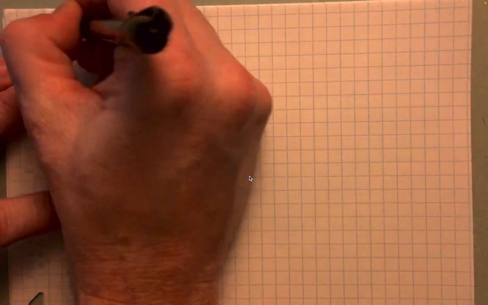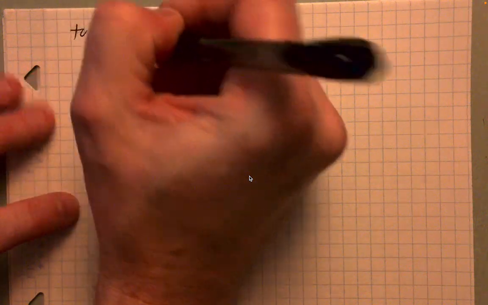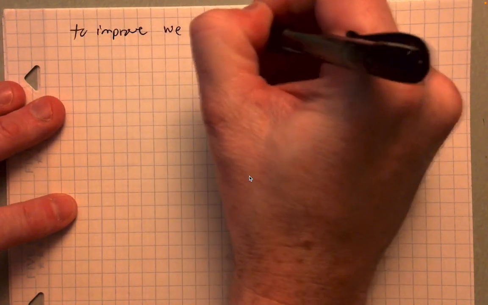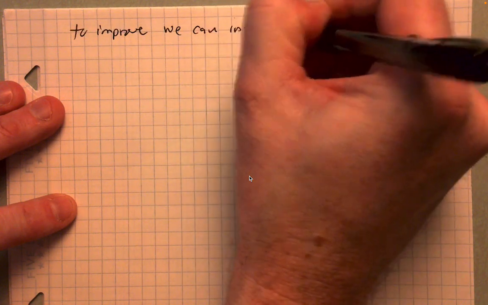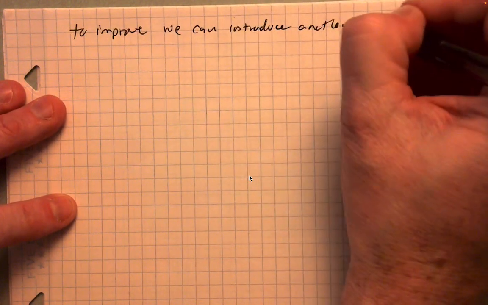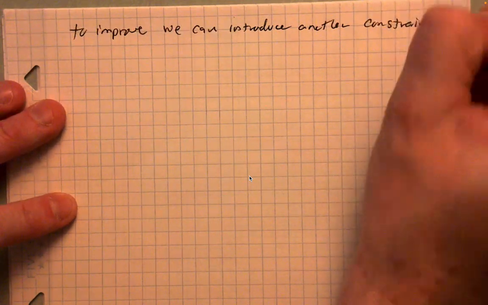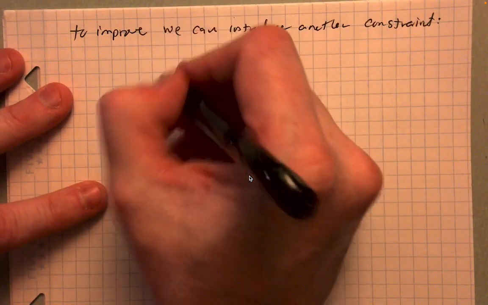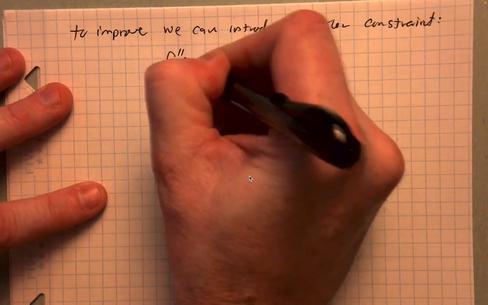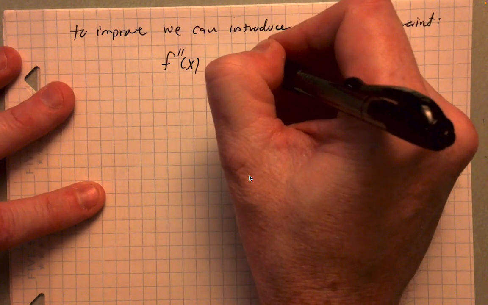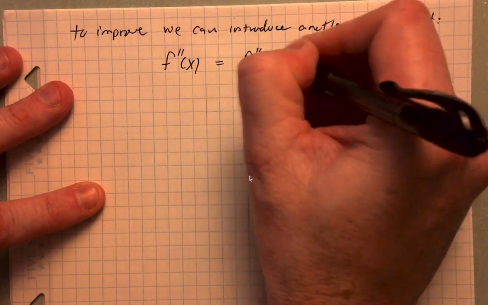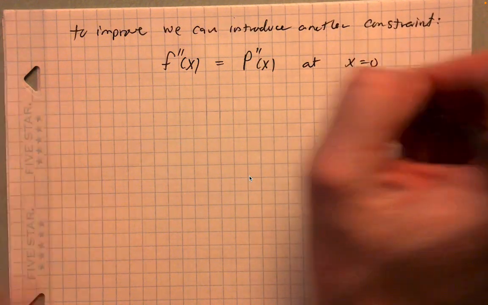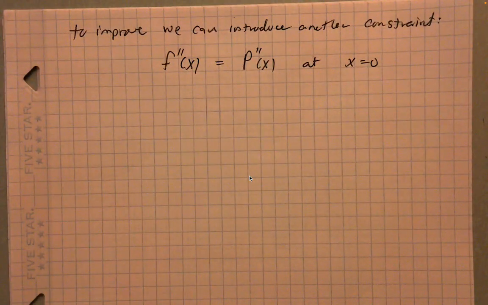Okay, so to improve the approximation, we can introduce another constraint. That new constraint would be that f double prime of x equal p double prime of x at x equals 0, at the value of x equals, in this case, 0, x equals c more generally.